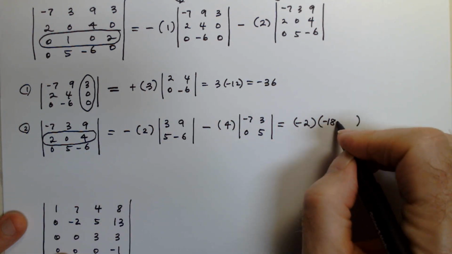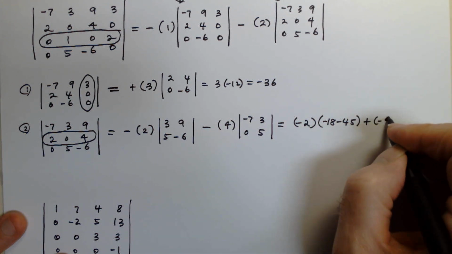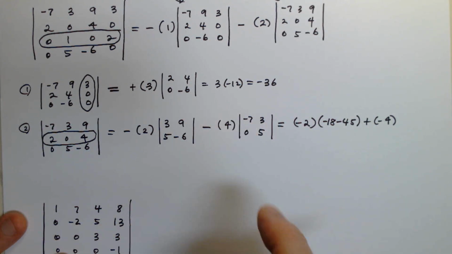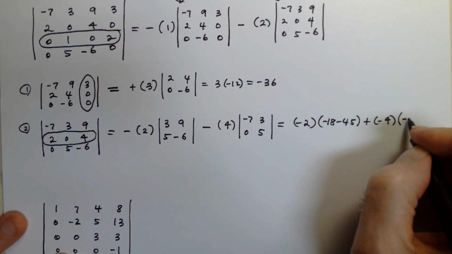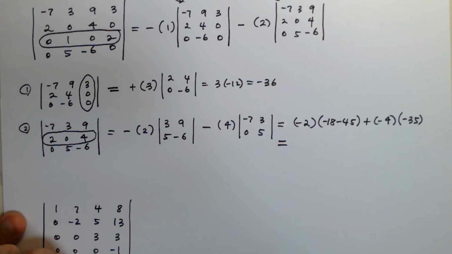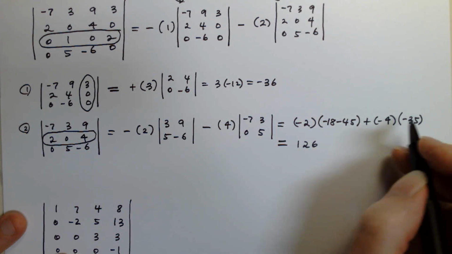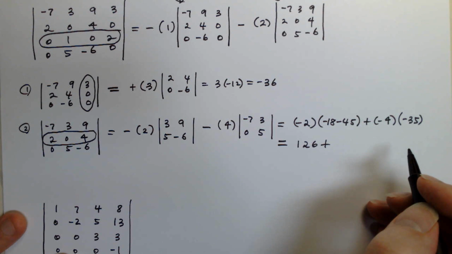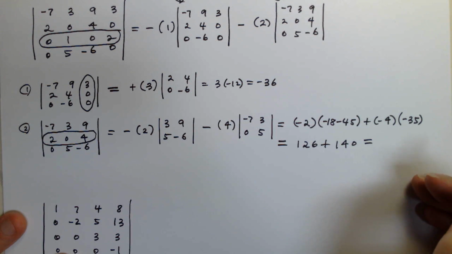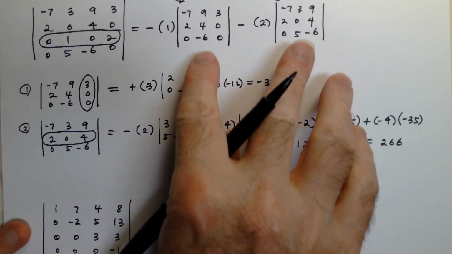And then I'll have a -4. So I'll say plus a -4 times the determinant of this 2 by 2 matrix. Now this one is just -35 minus 0, so -35. Okay, now when we work this out, we'll get 126, and then we'll have plus 140, and those together will give me 266. Okay, now we've done our two sub-calculations.